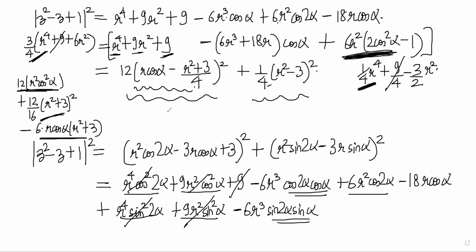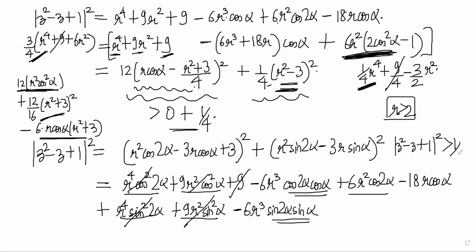So this is greater than 0, plus I know that r is greater than 2. So r square minus 3 would be greater than 1, and this part is greater than 1 by 4. So the whole thing is greater than 1 by 4, which means mod of z square minus z plus 1 whole square is greater than 1 by 4, which means mod of z square minus z plus 1 is greater than half.